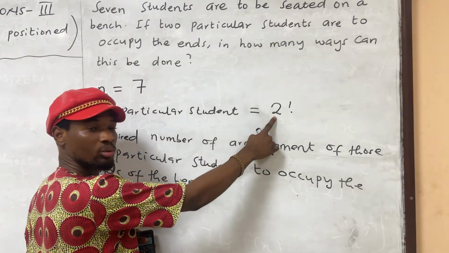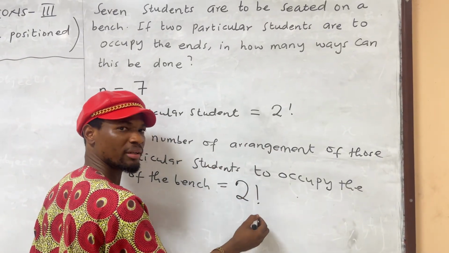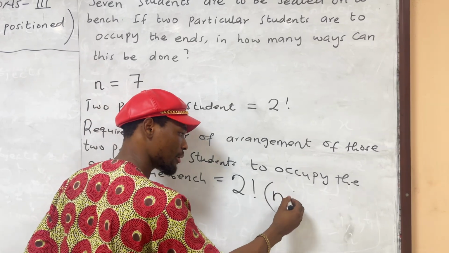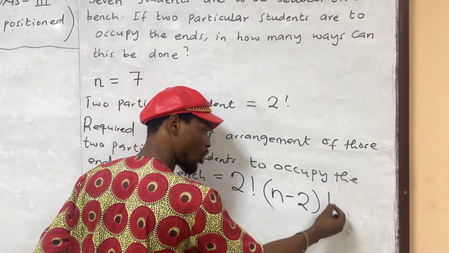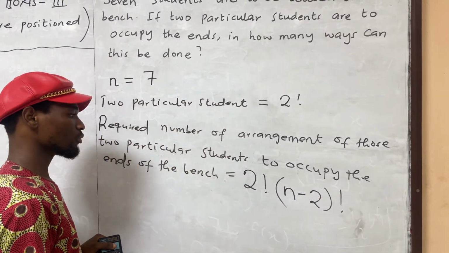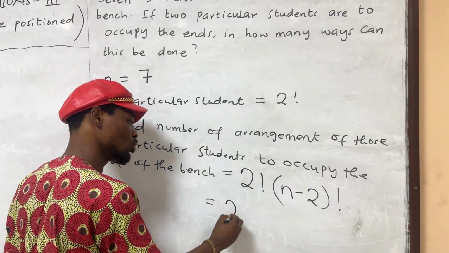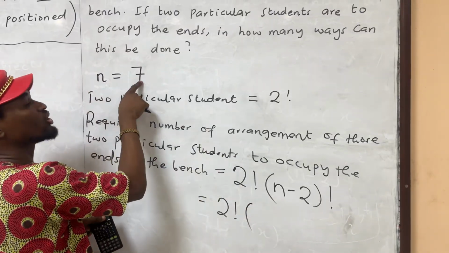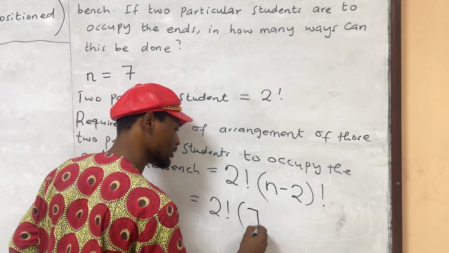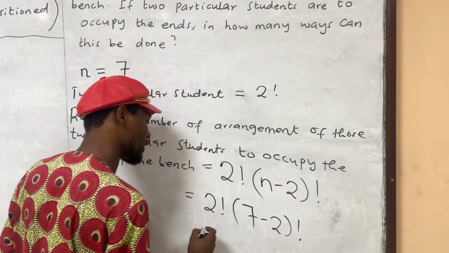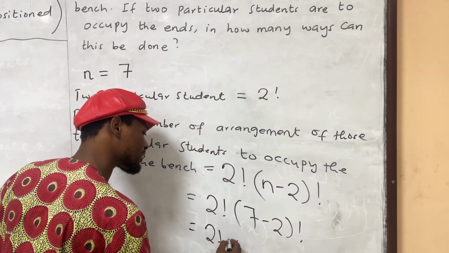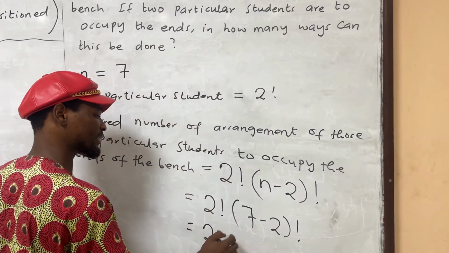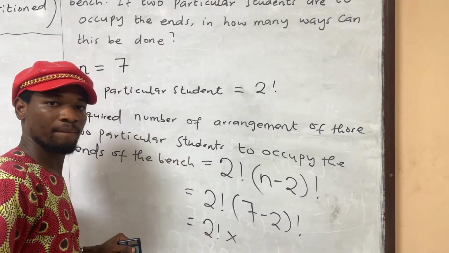These 2 students, which is my 2 factorial, then multiplying by n minus 2 all factorial. So I have 2 factorial times, what is n? n here is equal to 7. So I have 7 minus 2 all factorial. So I have 2 factorial times, what is 7 minus 2?